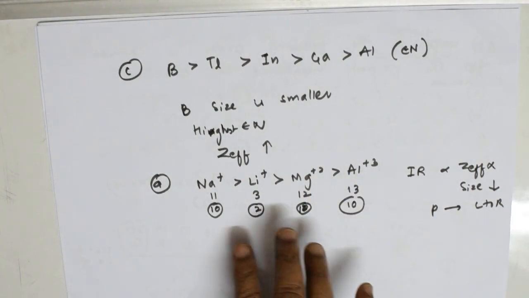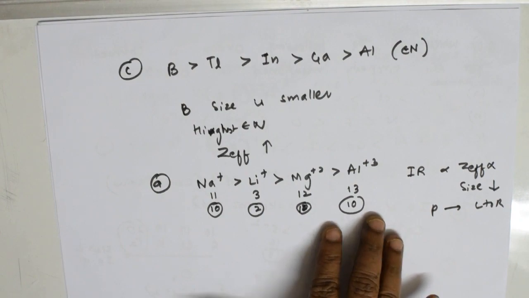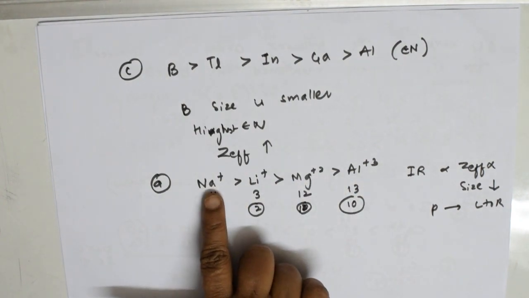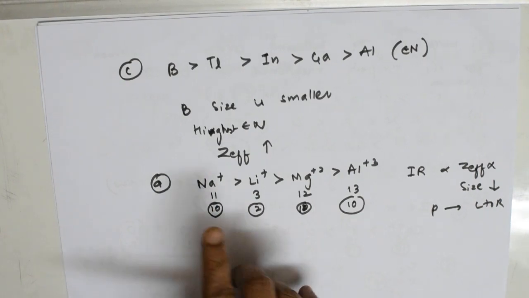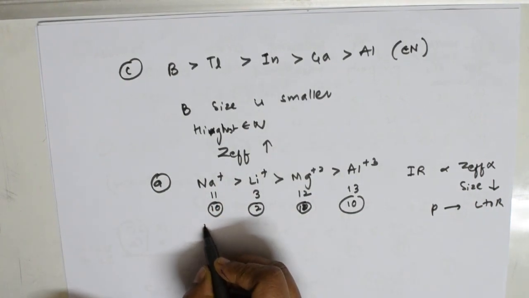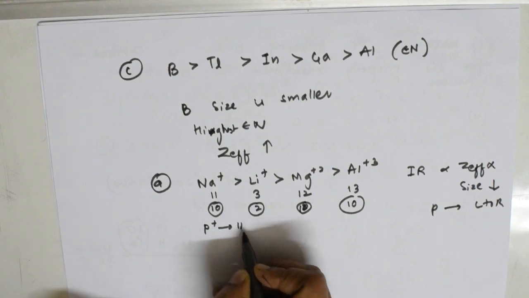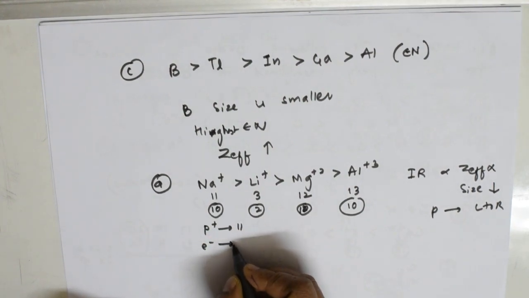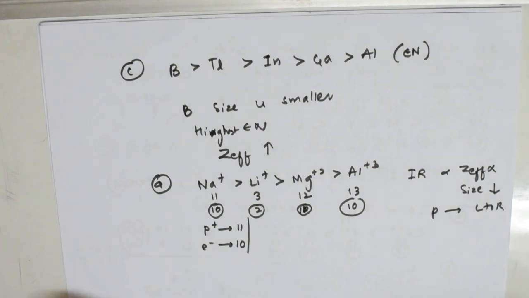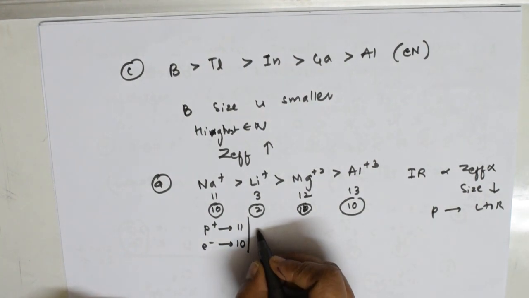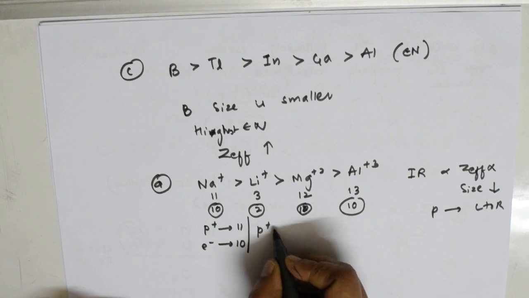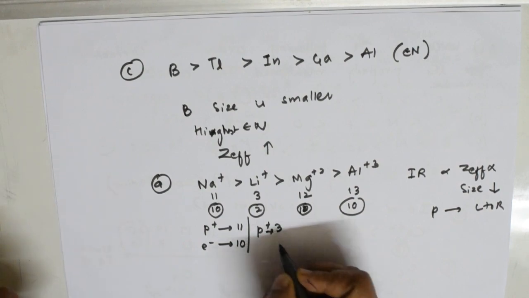See here, I said size reduces, Z effective increases. So here among everything, sodium, if I have to write it like this also, the number of protons here is how many? 11. Number of electrons? 10. Correct, no? Yes. Now, one more thing. Here lithium, the number of protons is 3, because the atomic number is 3.